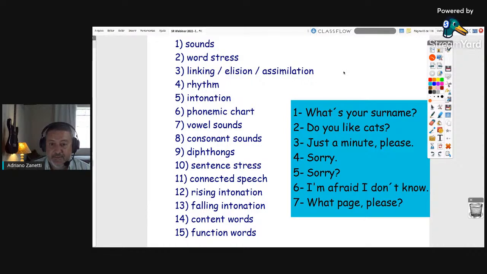Bearing that in mind, we could say, in all fairness, that it should not be difficult for us, to a certain extent, to bring pronunciation activities into our daily activities. Much to the contrary, it should be technically easier for us to bear in mind which features we can use in the classroom today.